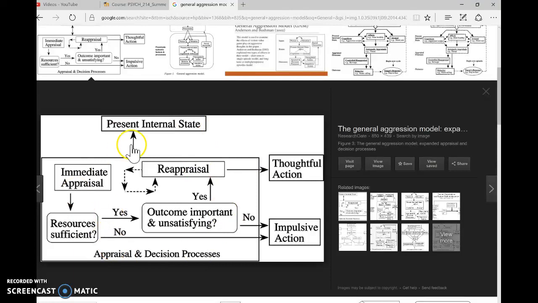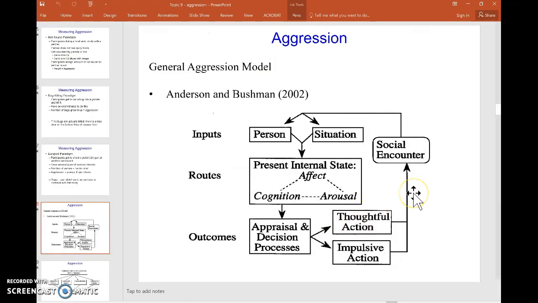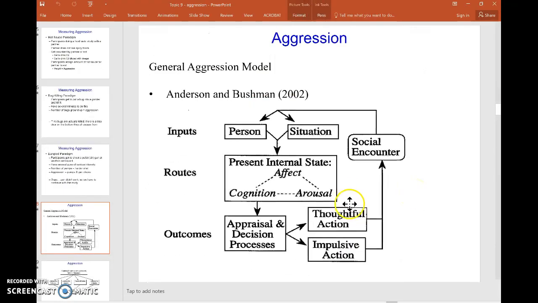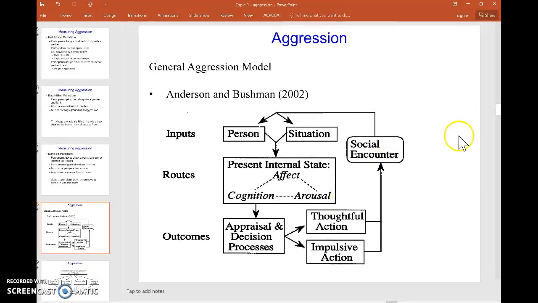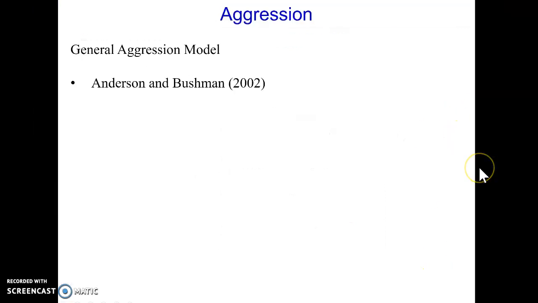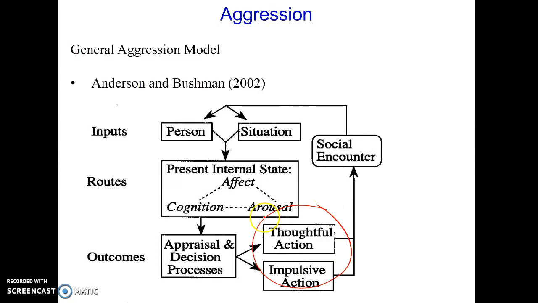This is the appraisal and decision-making process that Anderson built for the attribution unit. That's now back on the table. All right. Once all these things happen, here is the thoughtful and impulsive action that we talked about before.